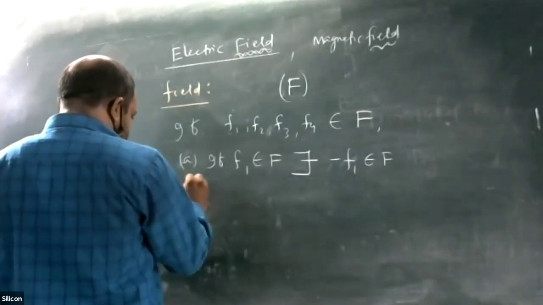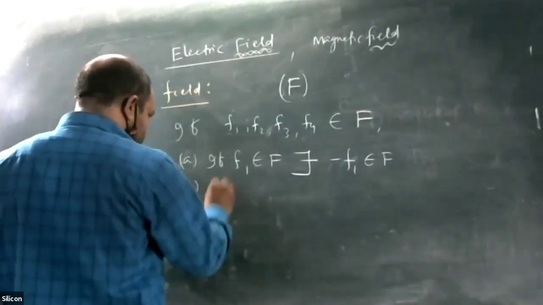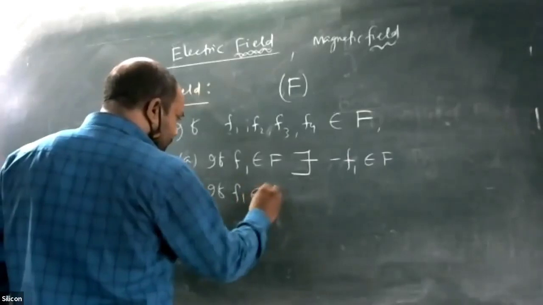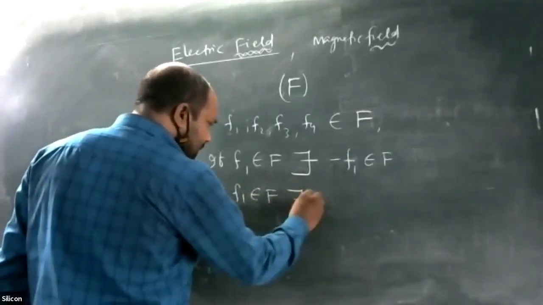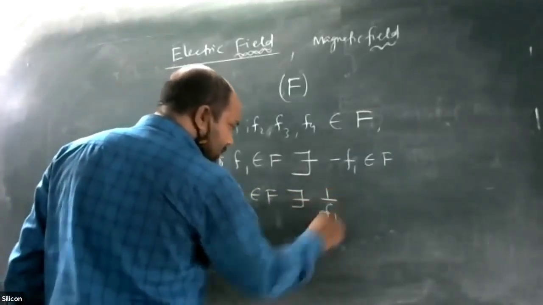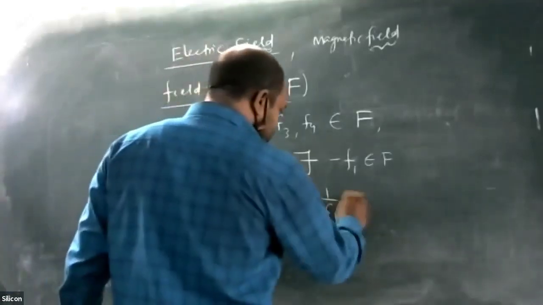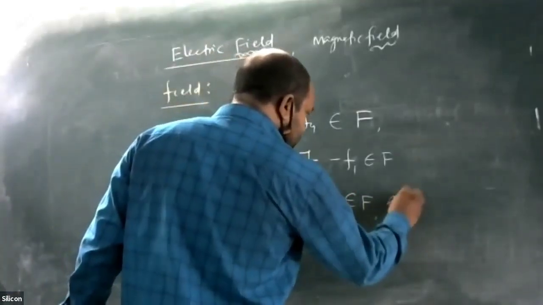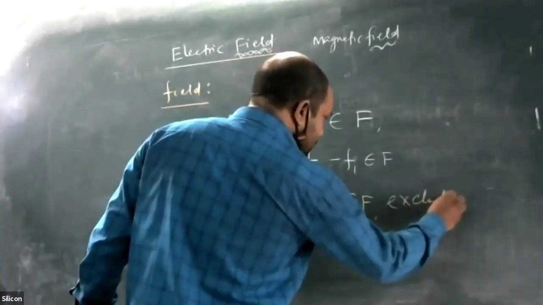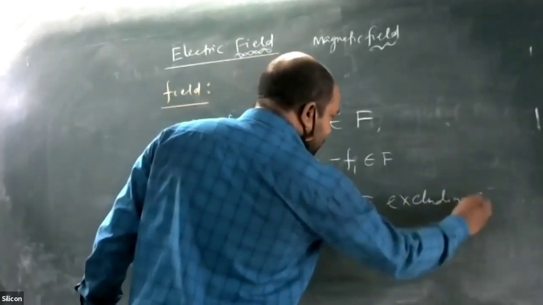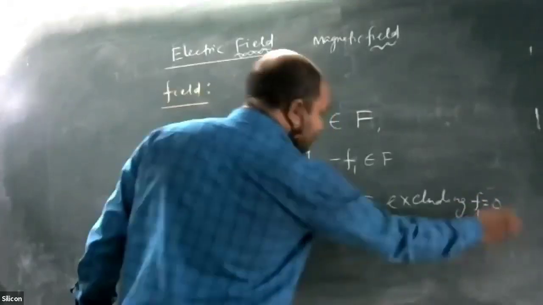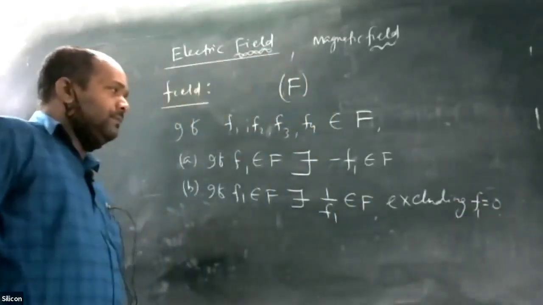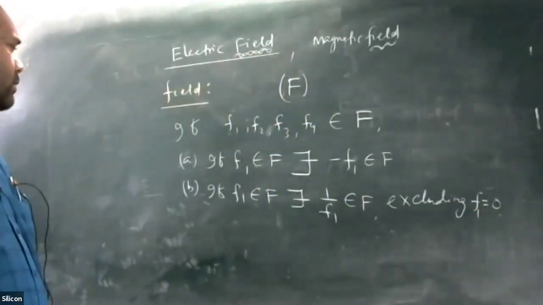Number two, B part: if F1 belongs to F, then there must exist 1 by F1 belongs to F, excluding F1 equal to 0.